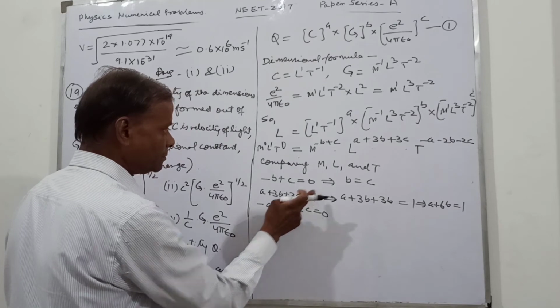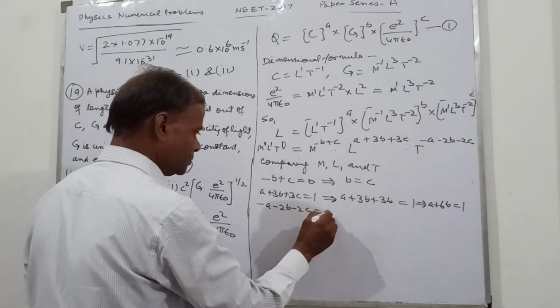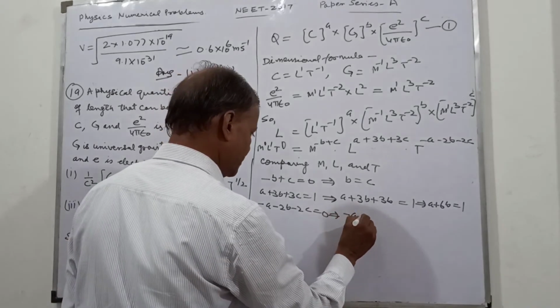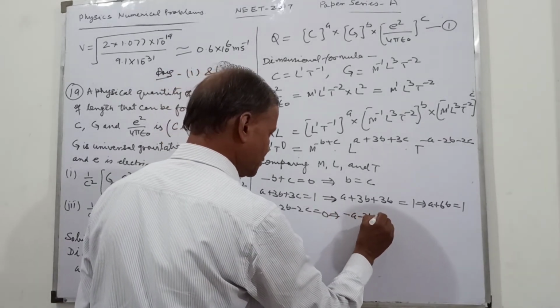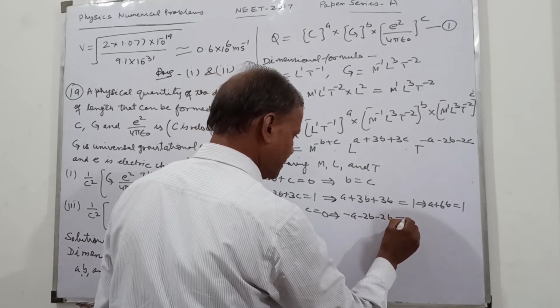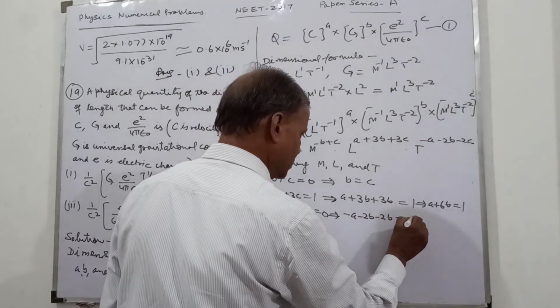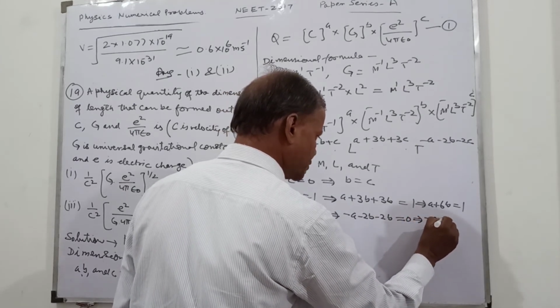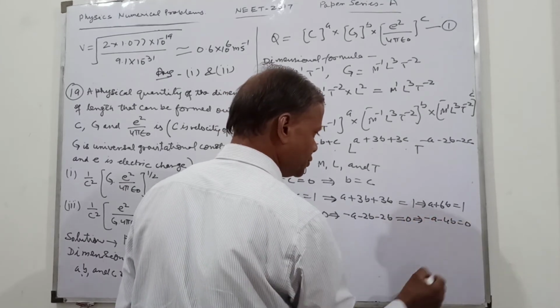And from the other one, with b equal to c, minus a minus 2b minus 2b equals 0, which gives minus a minus 4b equal to 0.